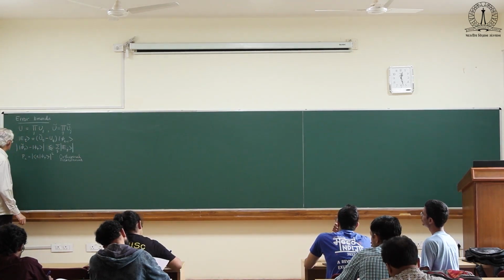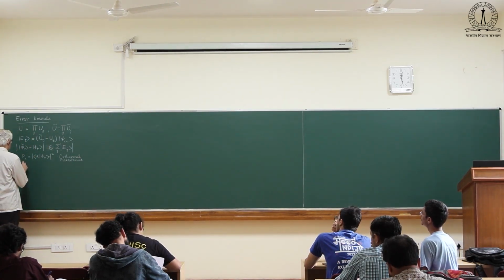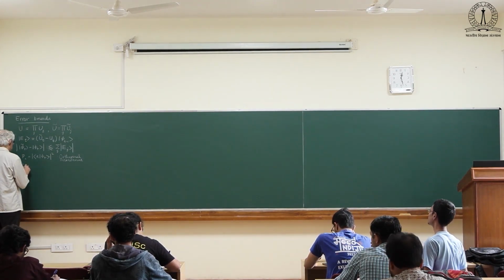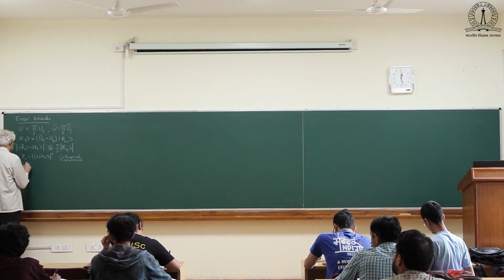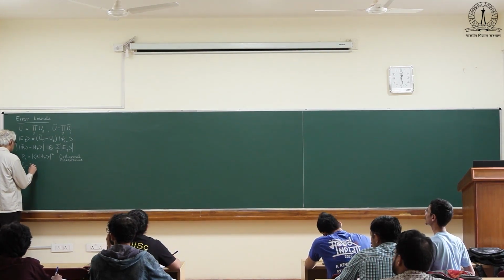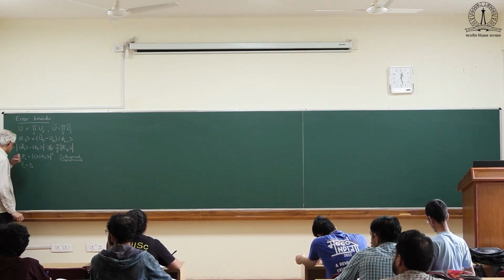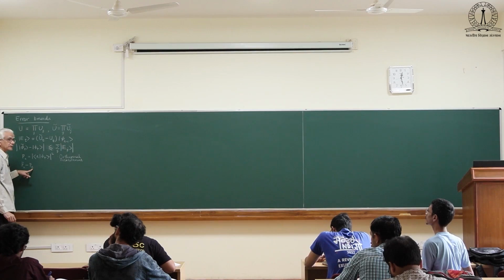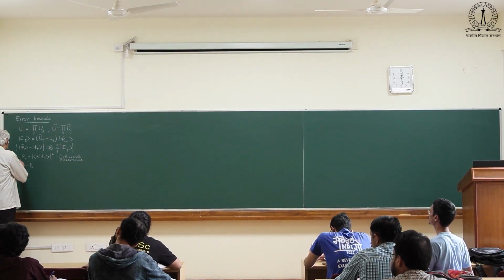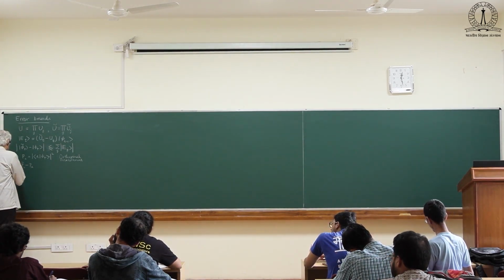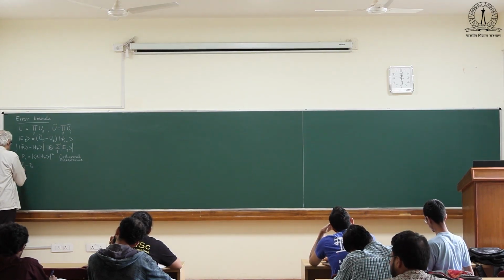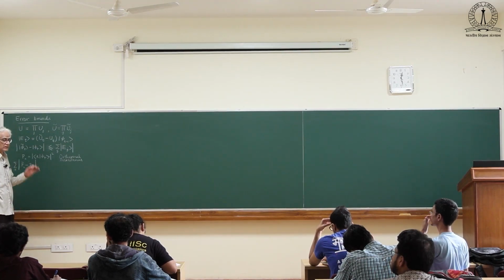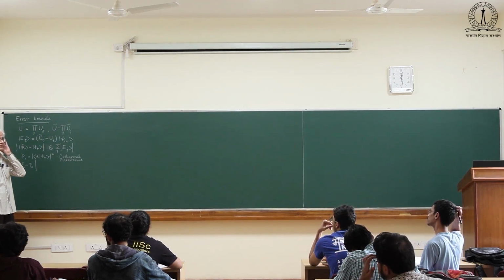And what we want is a bound on this quantity, which is the difference between the approximate probability minus the exact probability, and summed over all possibilities, the largest value that it can take.